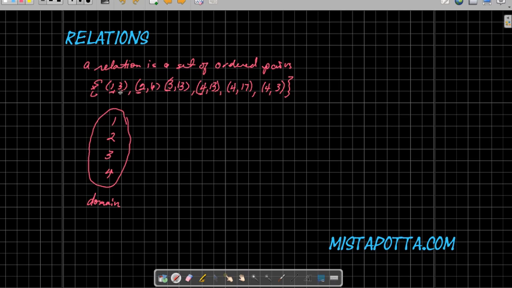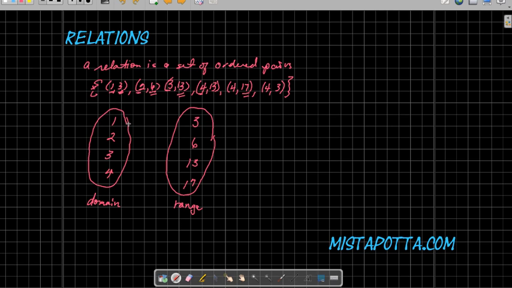And I may talk about this 3 or this 6 or this 13 or this 17 as another set. And this set is called the range. So we have a set that's the domain. These are the first numbers that show up in our ordered pair. And we have another set called the range, and this is the second number in our ordered pair.